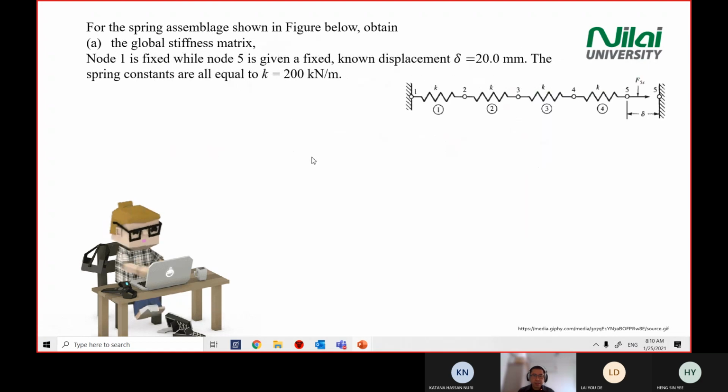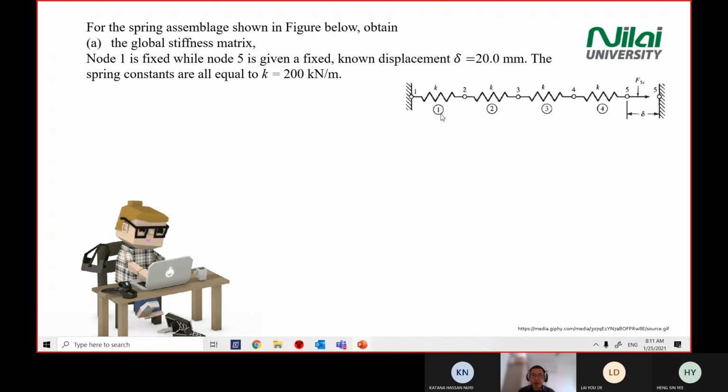We tidy up the question a little bit. We solve for the global stiffness matrix, and we still stay on the diagram that we have in your tutorial question number 11. Before we start, you have to know the setup.